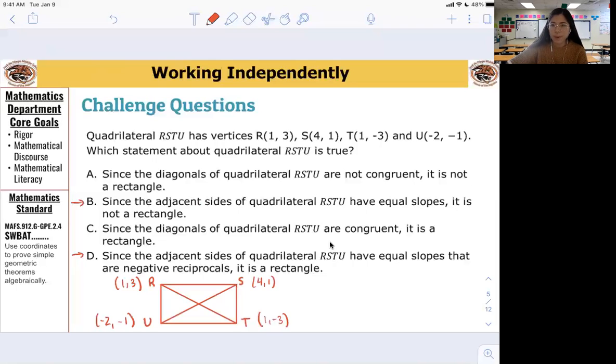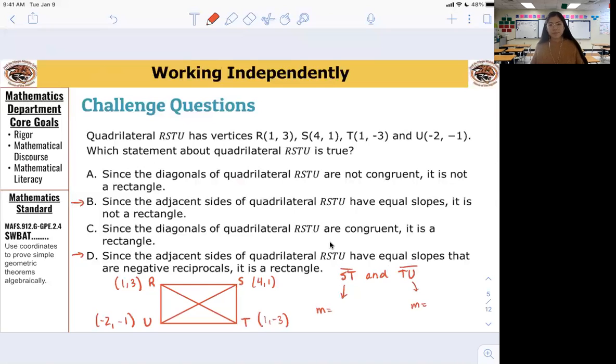So what's a pair? ST and TU. Okay, there we go. We're going to check their slopes in order to figure out what type of relationship they have to one another.